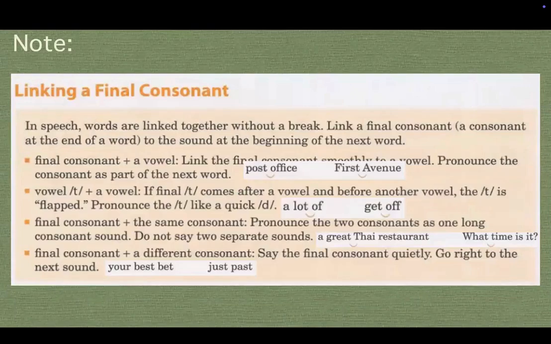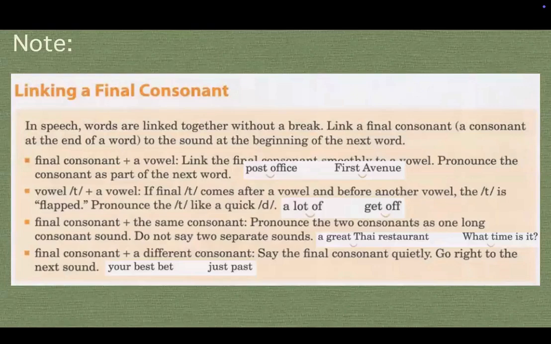Next we have a final consonant plus the same consonant sound. You pronounce the two consonants as one long consonant sound. Do not say two separate sounds. For example, a great Thai restaurant. We have the final consonant T and the same consonant in the word Thai, also T. We will pronounce the consonants as one long consonant sound: a great Thai restaurant.